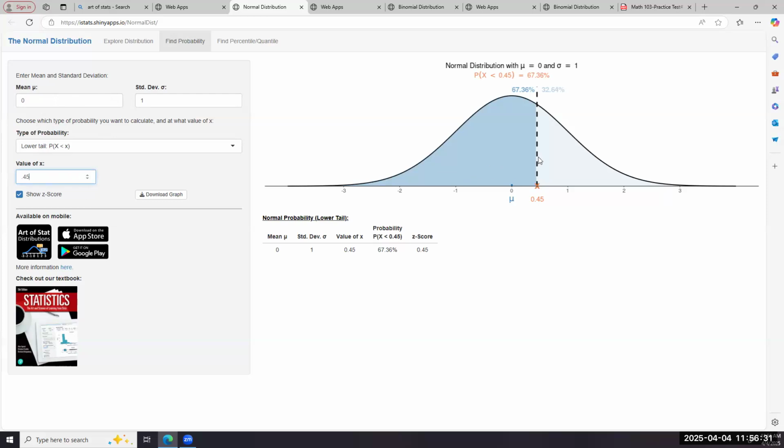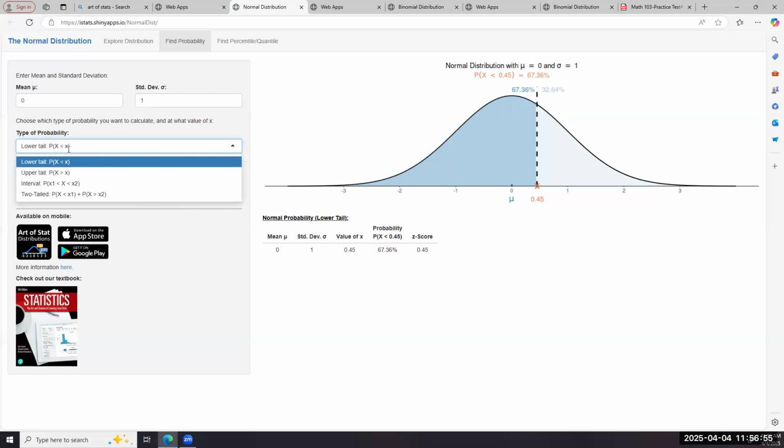So get the curve. This is going to be the graph and then the numbers. Even if you use Art of Stats for the test, you have to give us the graph exactly as you can see it here. That's case one. Again, look at this formula.